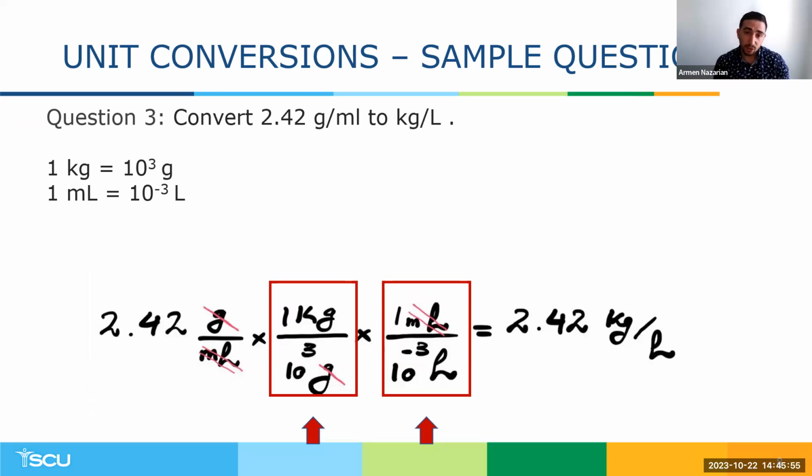Why? Because in your original value, your original unit, milliliters is in the bottom. So you have to offset that with a conversion factor that houses milliliters on top. That way milliliters cancel out. All you are left with is now kilograms over liters. So you do the math in one pot, and at the end, you have the intended value with the proper unit.